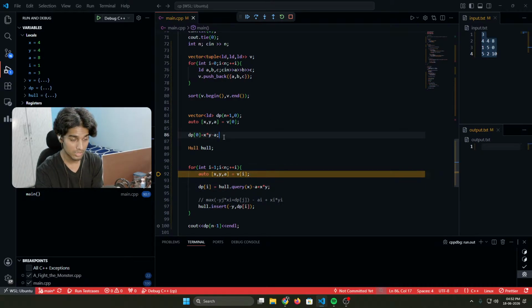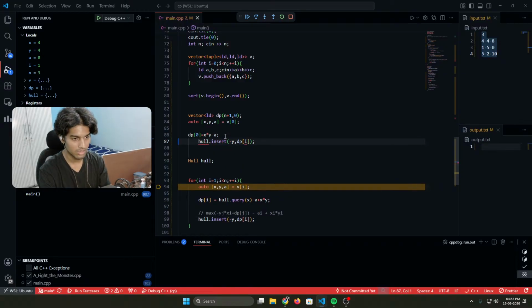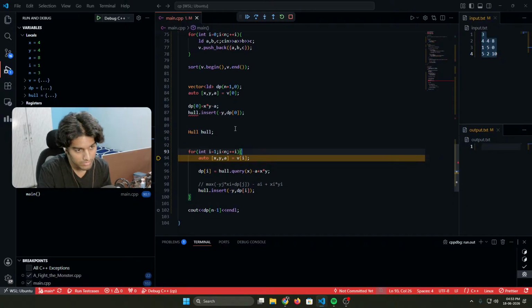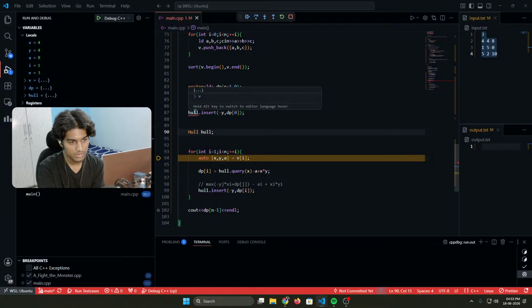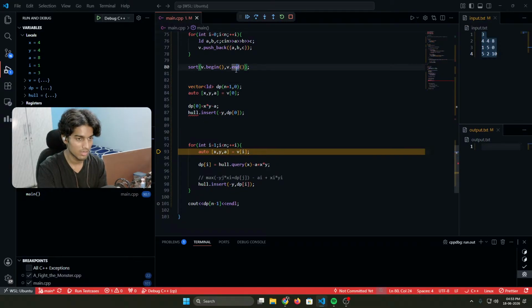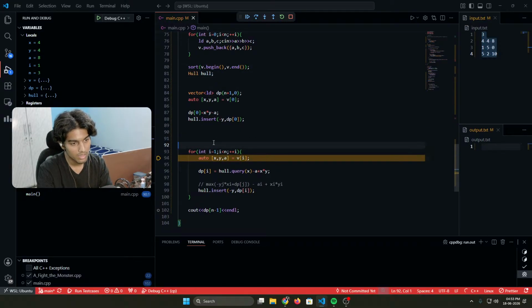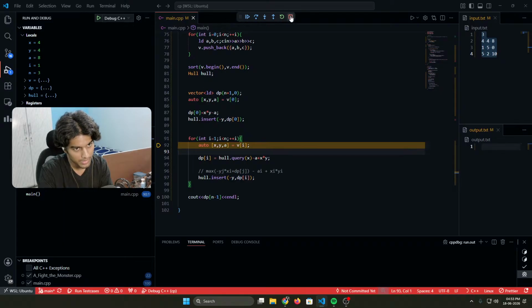I hope that works. Also, let's insert this stuff to the hull. So we need to insert dp of 0. Okay, should be fine.